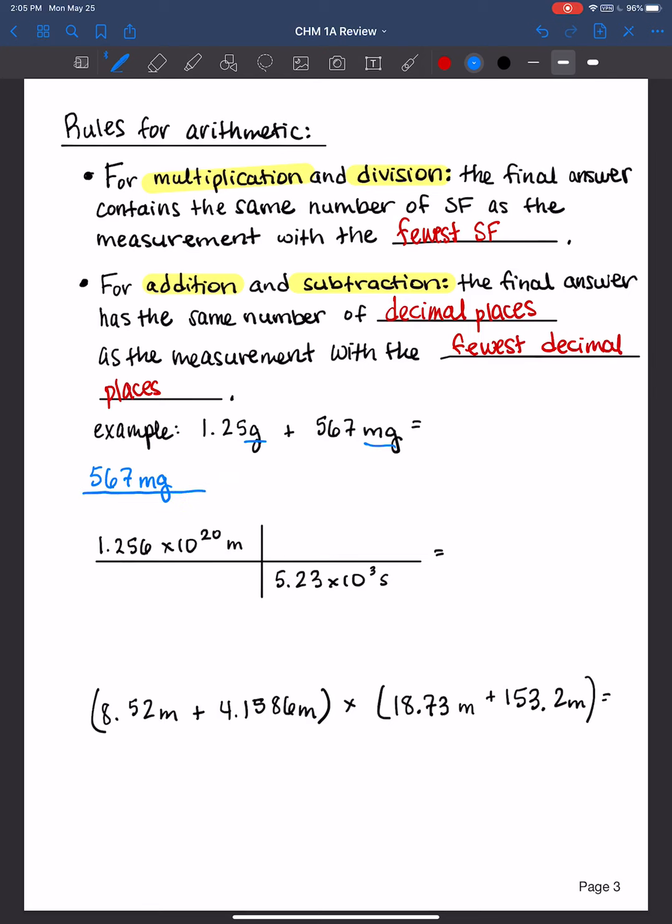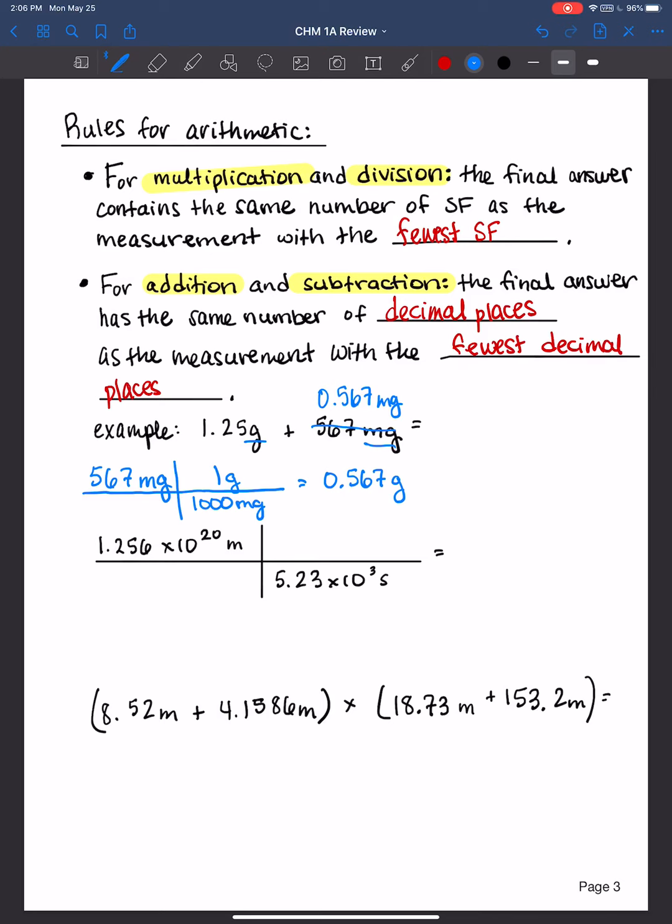I'm a big believer in dimensional analysis. So how many milligrams in 1 gram? Good, 1,000. Excellent. Make sure to review your prefixes so that you feel comfortable with conversions.